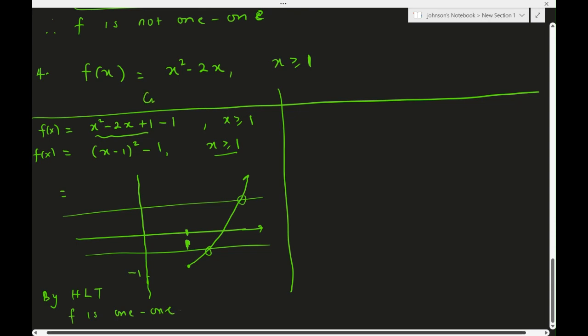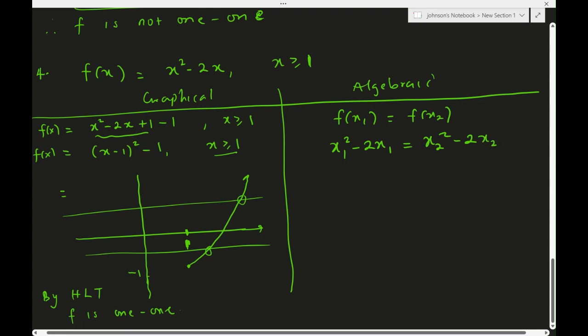Now, for the geometric, this is the graph, and this is algebraic. You say f of x1 is equal to f of x2. So this means that x1 squared minus 2x1 is the same thing as x2 squared minus 2x2.